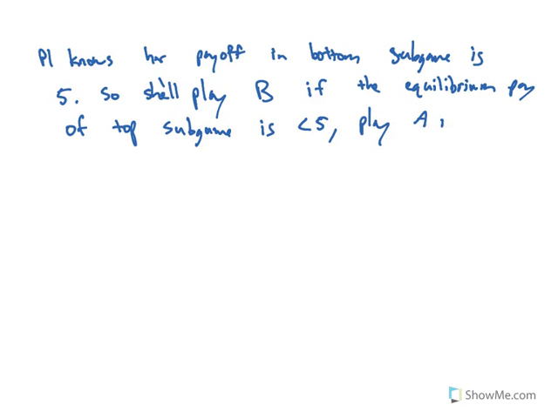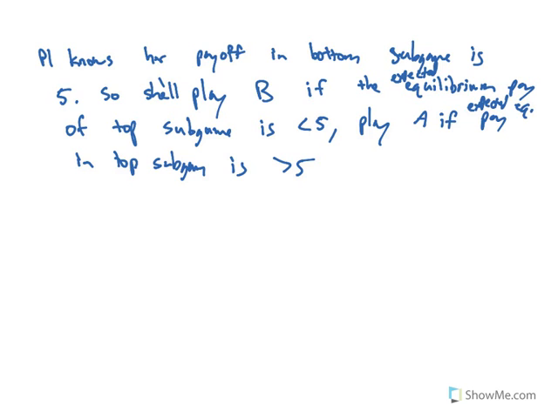Play A if the payoff in the top subgame is greater than 5. And I should say these are if the expected equilibrium payoff.